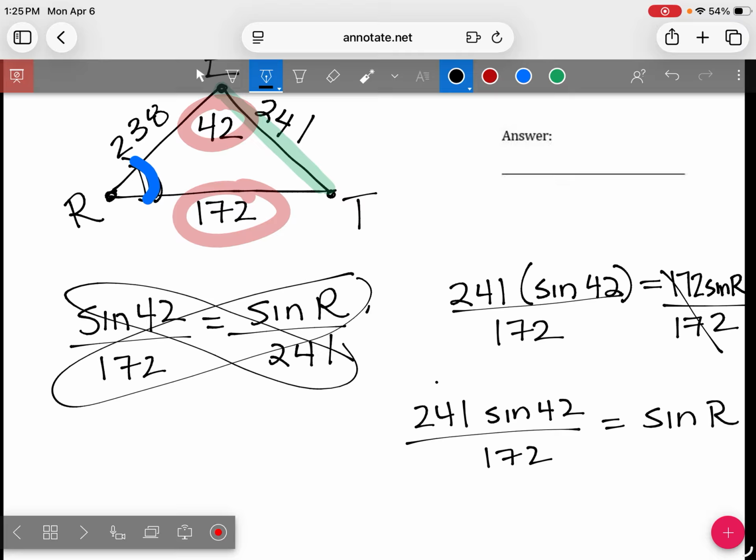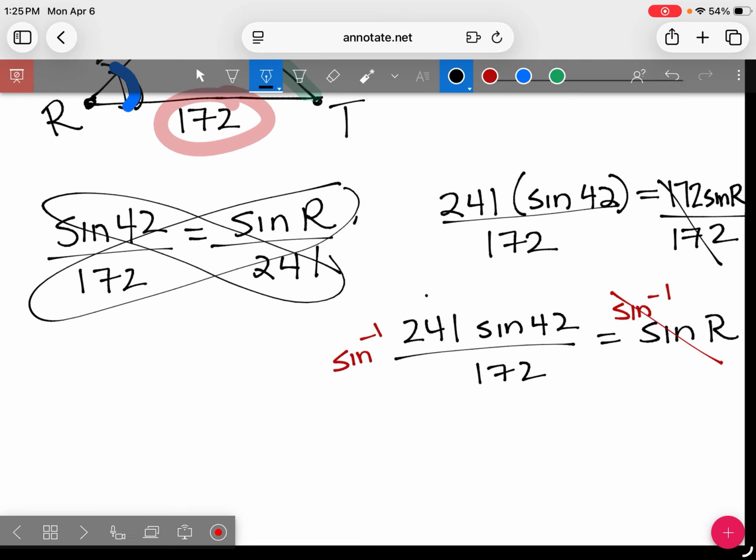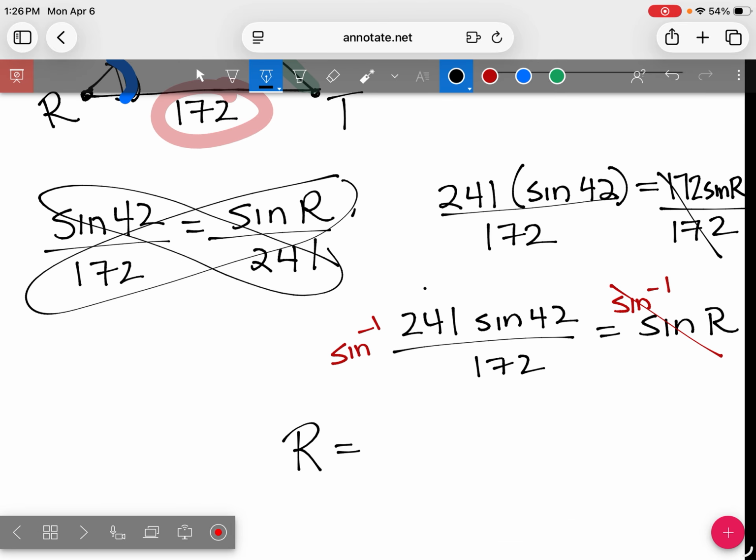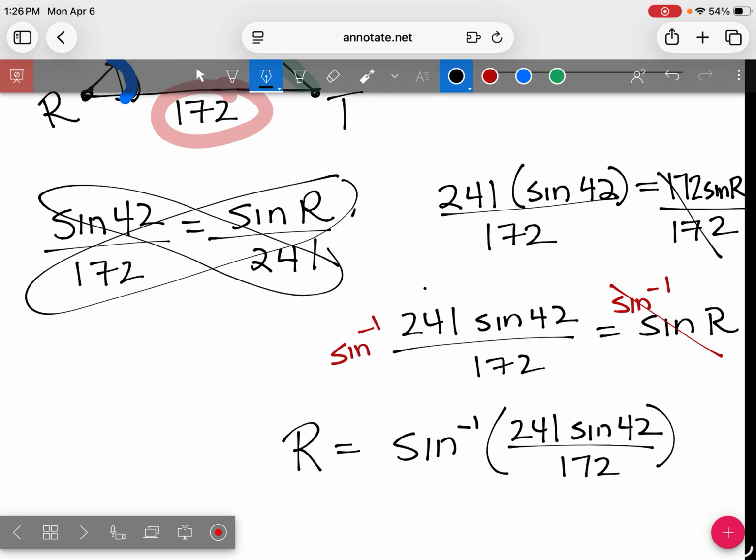Now, I don't know if you remember this from before spring break, but anytime you're trying to find an angle, because angles are inside, what did I tell you you have to use? Inverse. So we're going to do an inverse sine. So what you need to type in your calculator to get R, big R, is going to be the inverse sine of 241 sine 42 over 172.